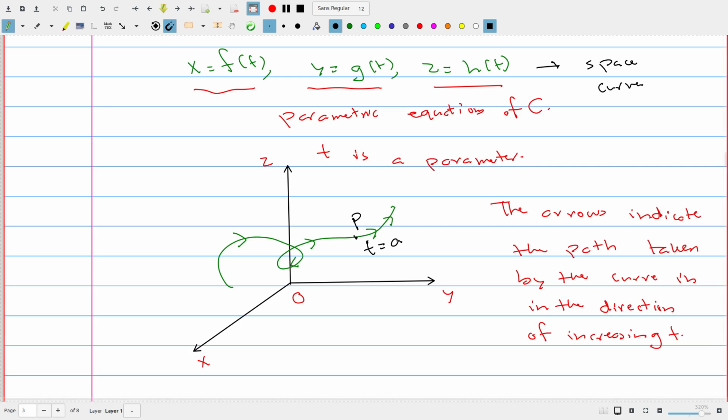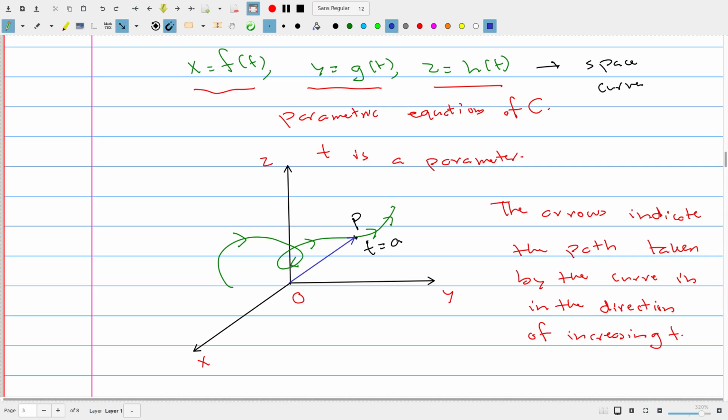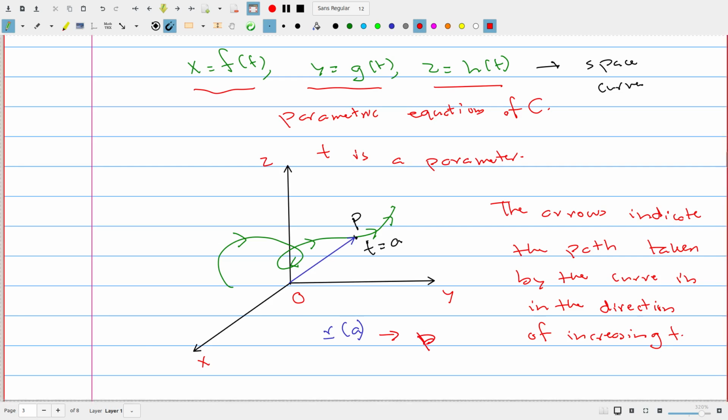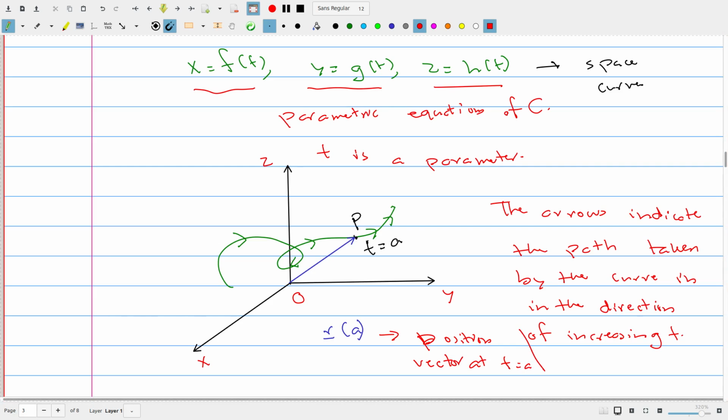The position vector of this point is given by, let's use a blue arrow, all the way to P. The blue arrow is r(a). So r(a) tells you the position vector at t equals a, right?